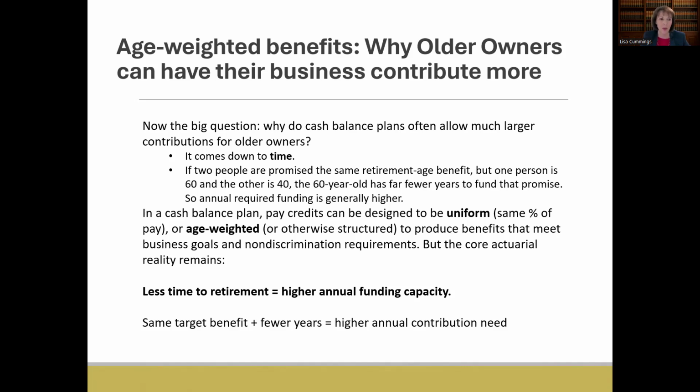But the core actuarial reality remains. Less time to retirement means a higher annual funding capacity for the older aged participants in the plan. They will be receiving the same target benefit, however, they have fewer years to fund, and as a result, a higher annual contribution for older employees is required.